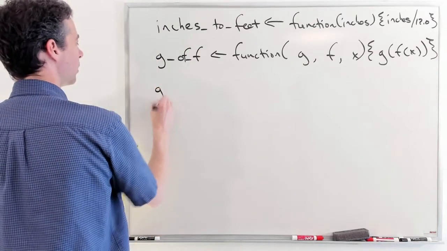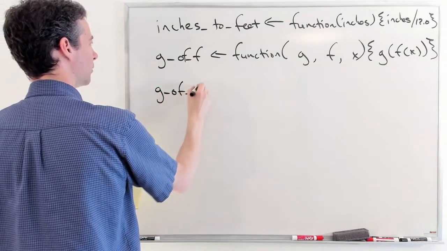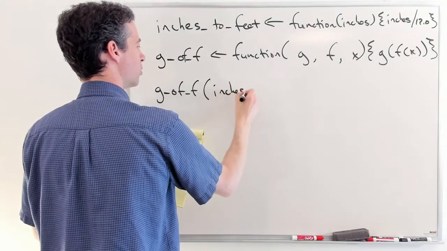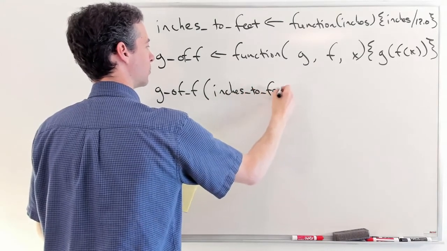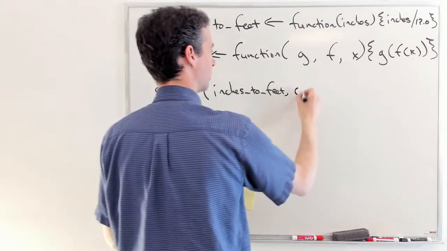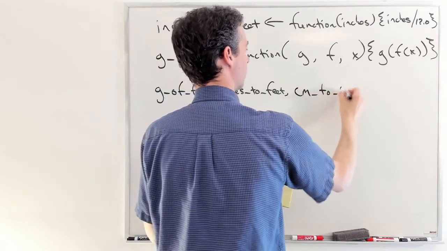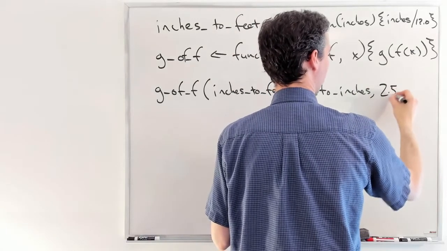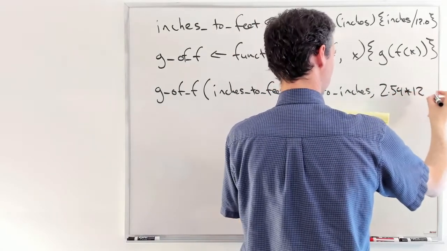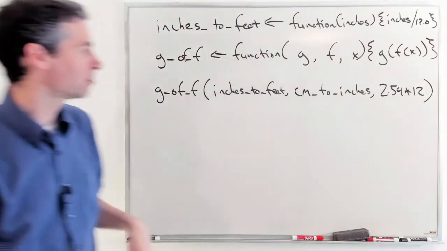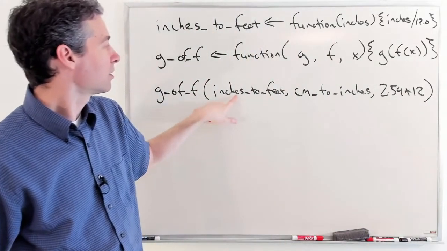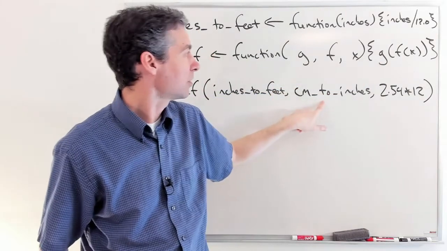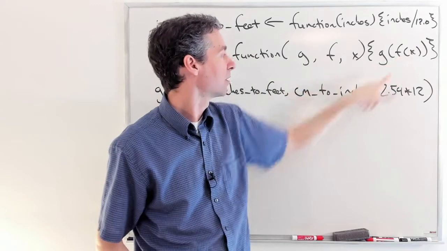So you could then call gf, and I could pass in inches to feet, I could pass in centimeters to inches, and then I could pass in 2.54 times 12. And what's going to happen? Well, g is inches to feet, and centimeters to inches is f.